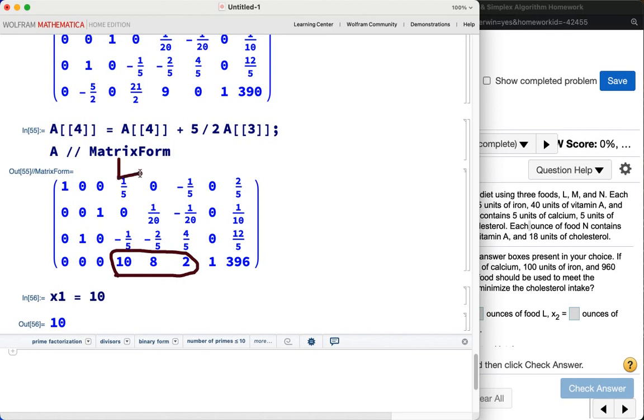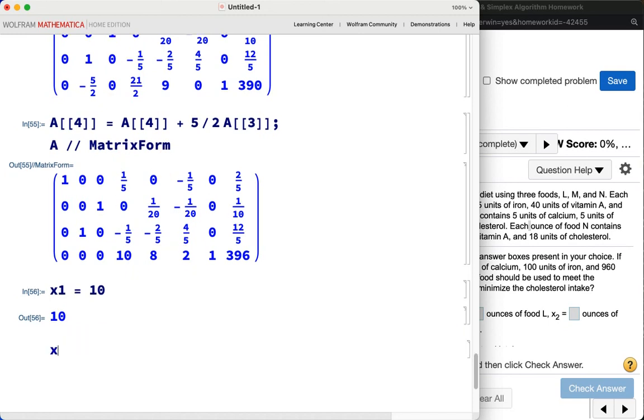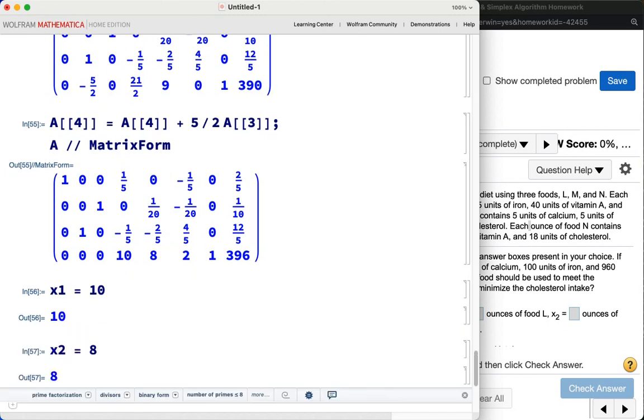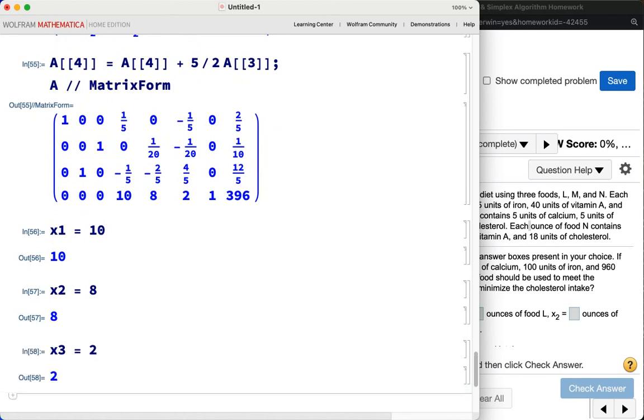So this is the L column, this is the M column, and this is the N column. x1 represents ounces of food L, x2 represents ounces of food M, and x3 represents ounces of food N. So x1 is 10, x2 is 8, x3 is 2.